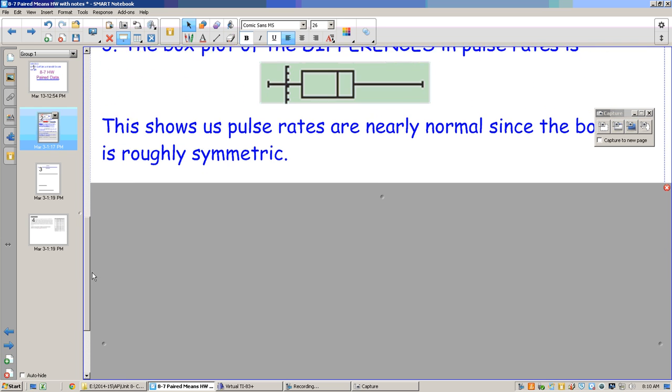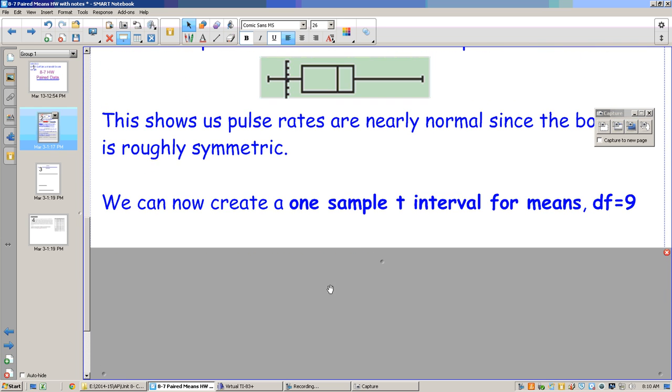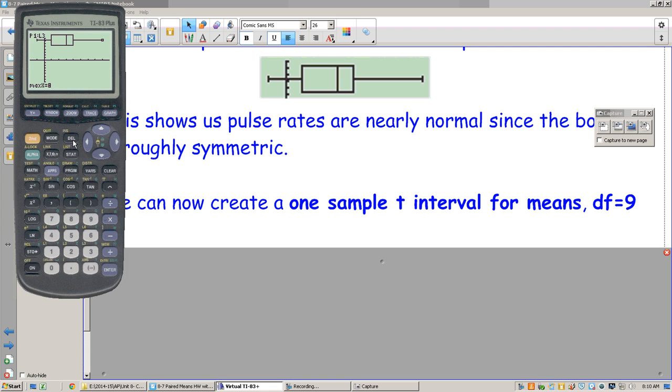So since conditions check, we're going to create a 1 sample t interval for means, and our degrees of freedom is our sample size minus 1, so we have 9. In our calculator, to calculate the interval, we're going to do stat, tests, number 8 for t interval. I'm going to tell my calculator data, and I have to tell my calculator list 3 for the differences. We were asked to create a 95% confidence interval. I'm going to hit calculate.